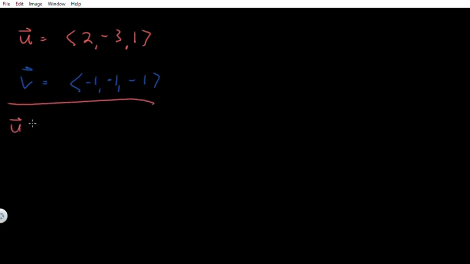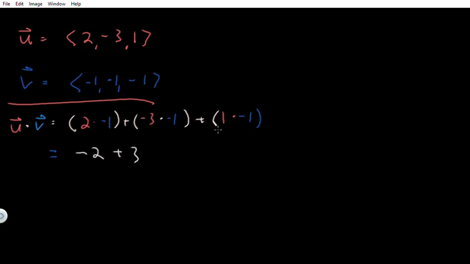So let's do u dot v, or v dot u, it's the same answer either way. 2 times negative 1 plus negative 3 times a negative 1 plus 1 times a negative 1, and we get a dot product of negative 2 plus 3 minus 1.